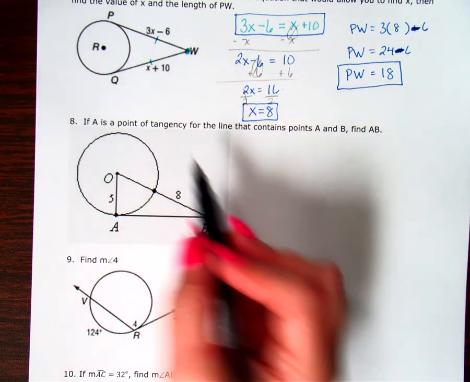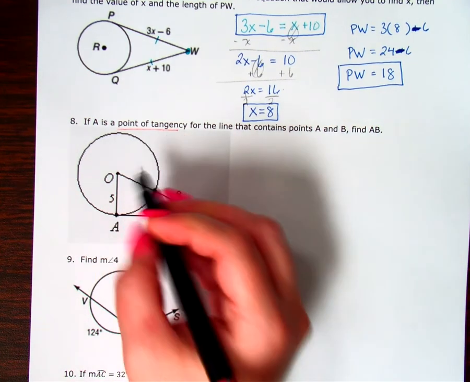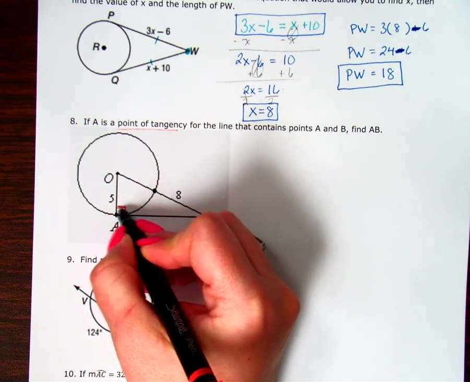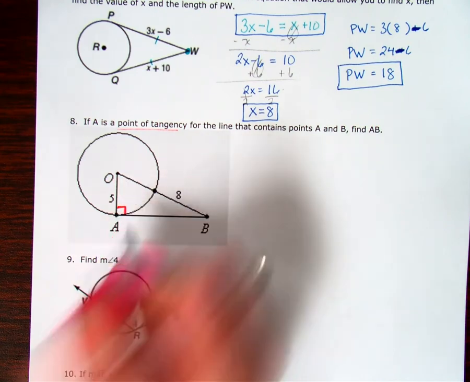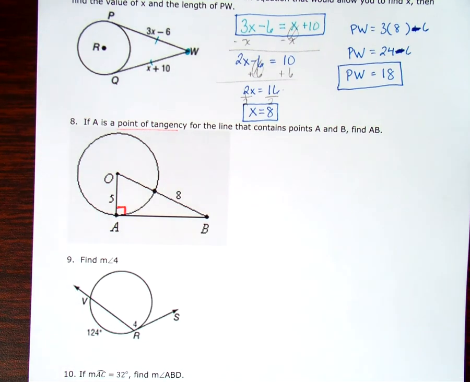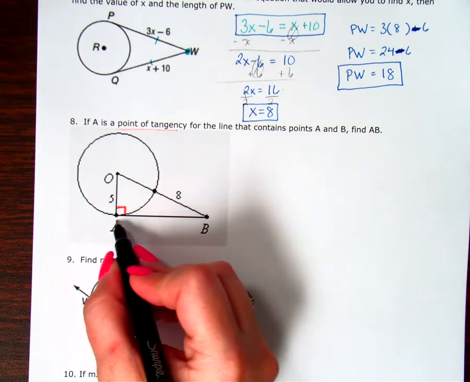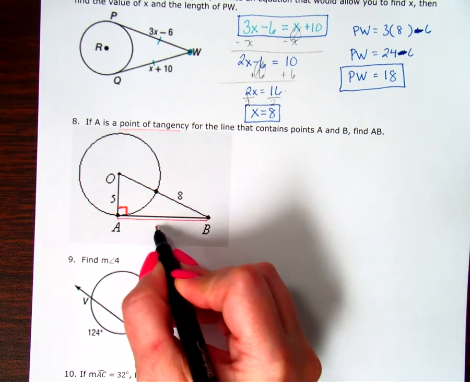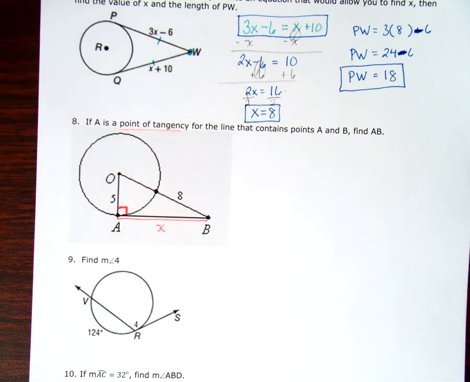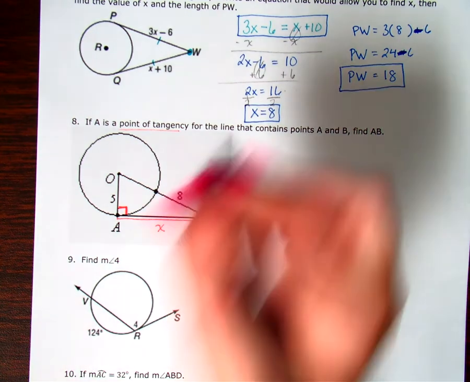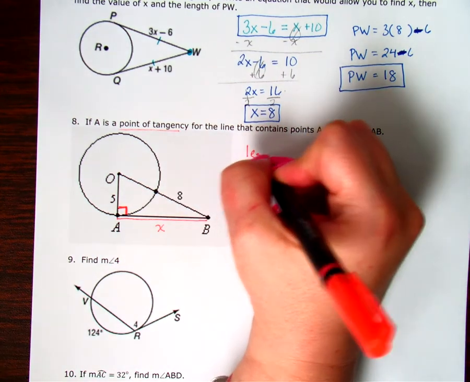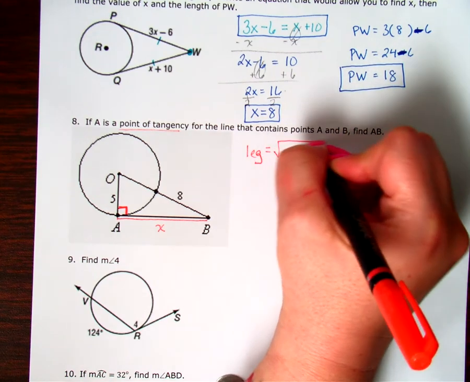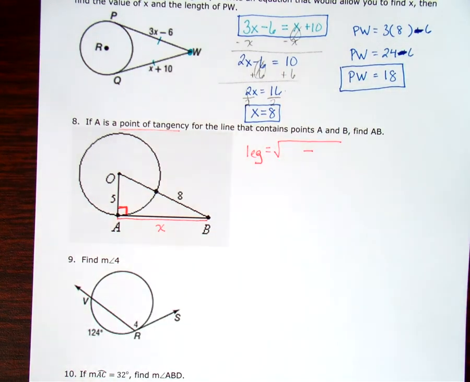So I know if I have a point of tangency, then I am intersecting the radii at a 90-degree angle, so I end up with a little right triangle, which means I'm going to get to use Pythagorean theorem, where I'm trying to figure out how long is this piece here. That's like my x. And that is not a hypotenuse, that is a leg. And I know when I'm looking to find a leg, I'm going to subtract in my square root.